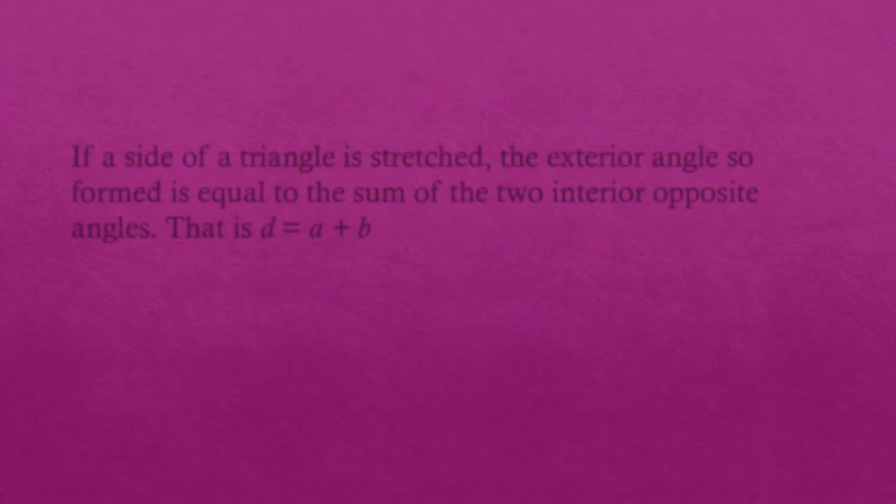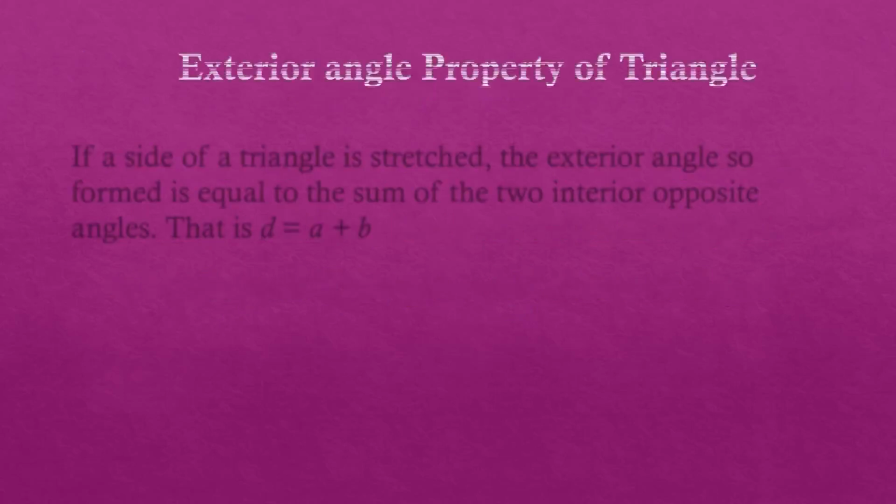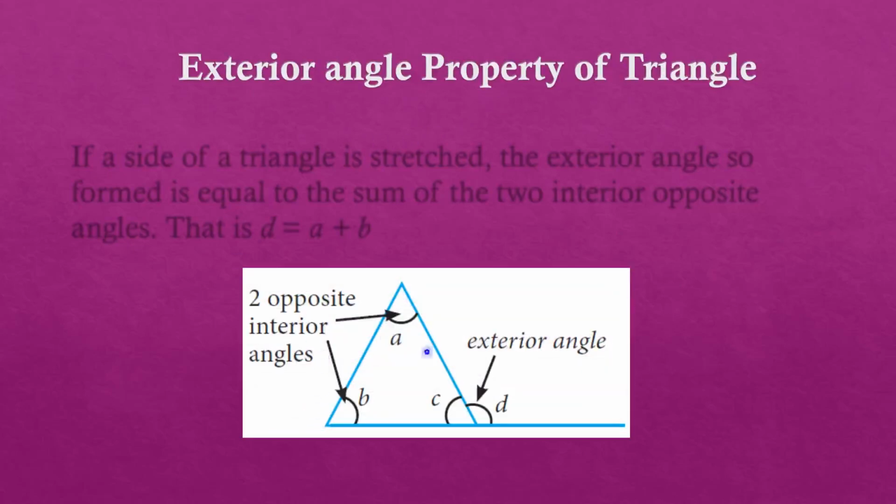Now we are going to see one new property, that is the exterior angle property of a triangle. See this triangle, if one of the sides is extended like this, then the angle formed outside is called an exterior angle. That angle is equal to the sum of the two interior opposite angles.